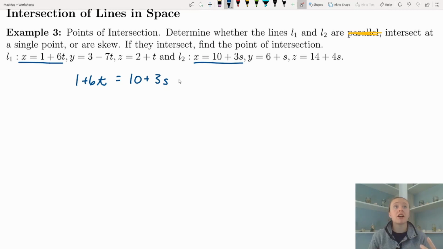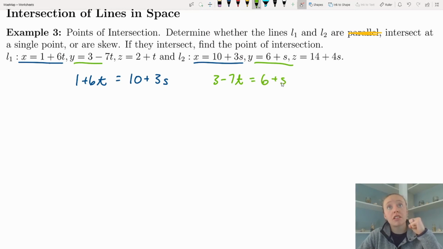Now I have two variables, but I can solve for one of them and then use the fact that y, 3 minus 7t, equals 6 plus s, my y for line 1 and my y for line 2. I now have two unknown variables, but I have two equations, so I'll be able to set up this system of equations. So what I'm going to do is solve for s in this first equation.